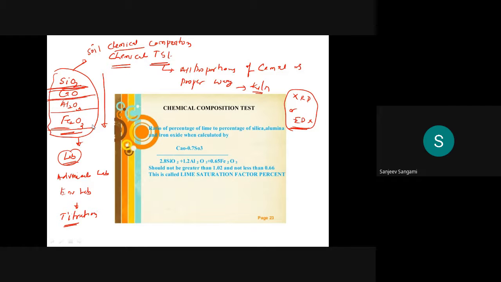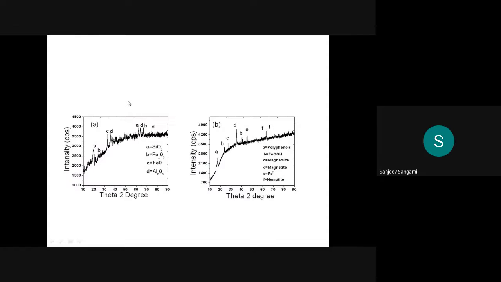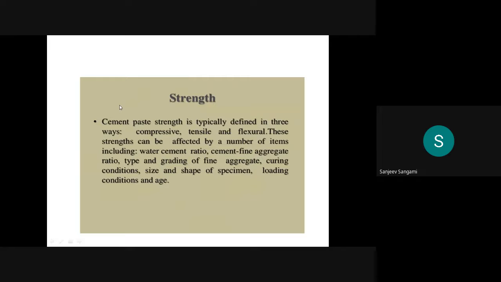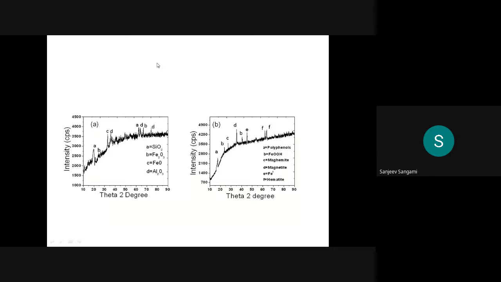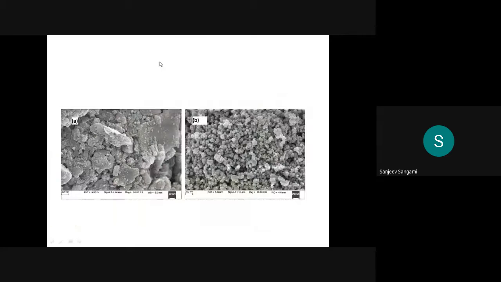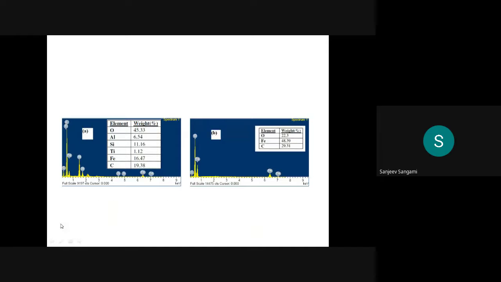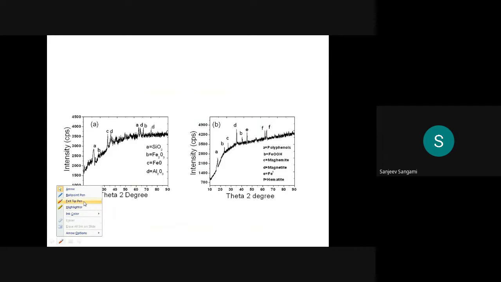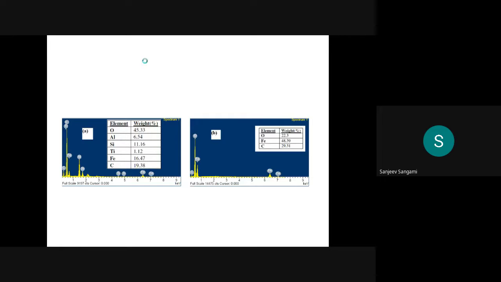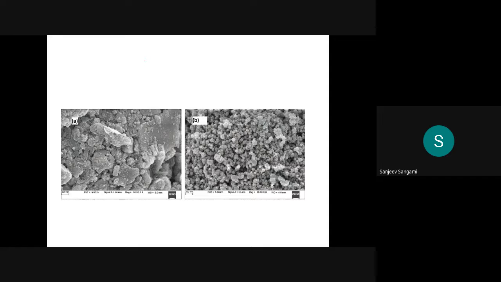Sometimes the iron oxide will be in the form of Fe2O3 or Fe3O4.